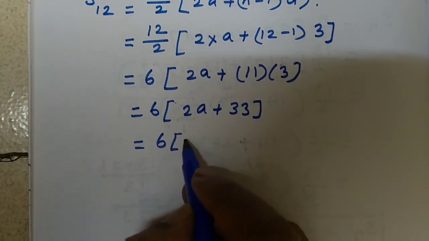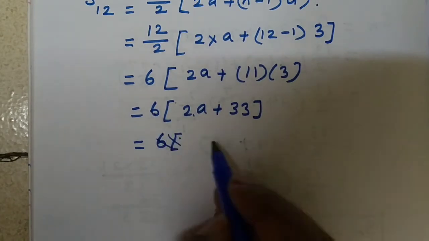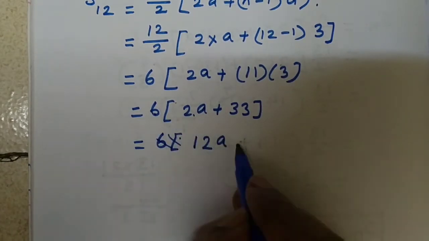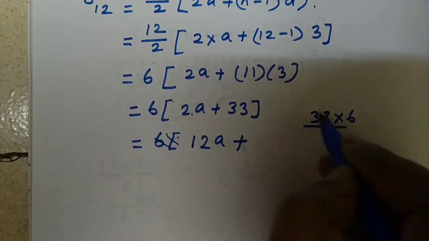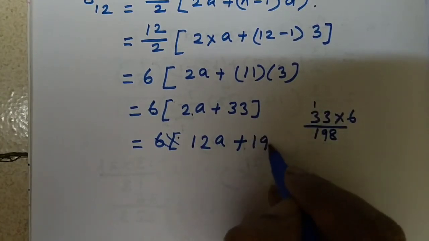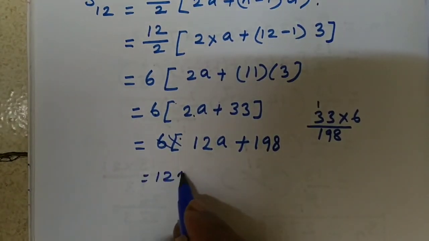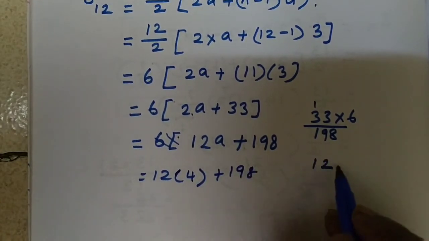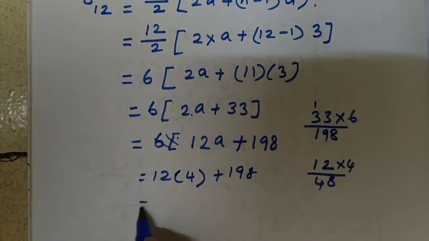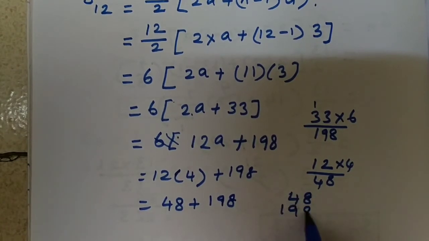6 into 2a is 12a, plus 6 into 33, which is 198. 12 into 4, the value of a is 4, plus 198. 48 plus 198 is 246.